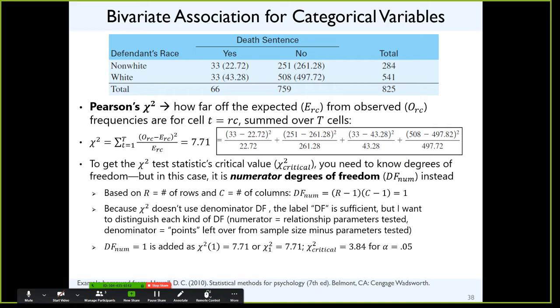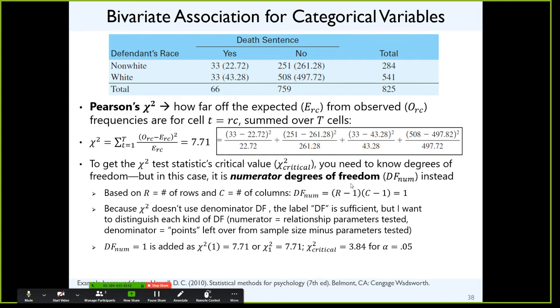I can work it out from there. I know that if I have 508 white people without a death sentence, based on 541 total, I know there have to be 33 over here. And if I know that, I know how many are in the other cells. So I only have to know one thing to fill out the whole table. That's numerator degrees of freedom. How many things do I have to know to be able to finish this problem?